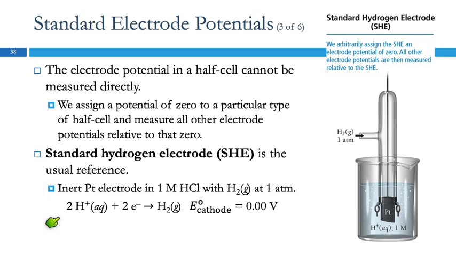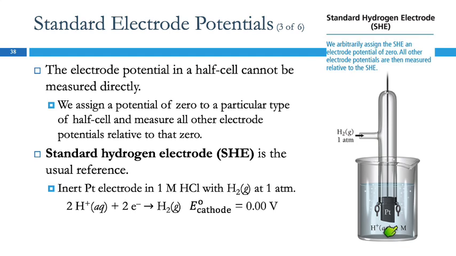The standard hydrogen electrode is hydrogen ions being reduced to form hydrogen gas. Okay, and so that has an electrode potential of 0 because we decided that. This is what a standard hydrogen electrode might look like. And here, this has to be standard potential.